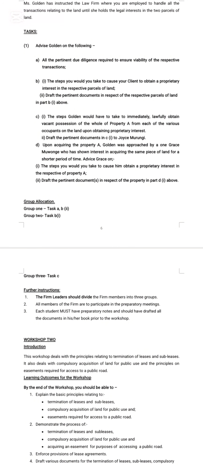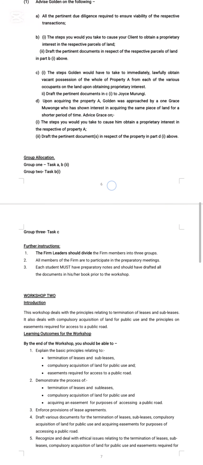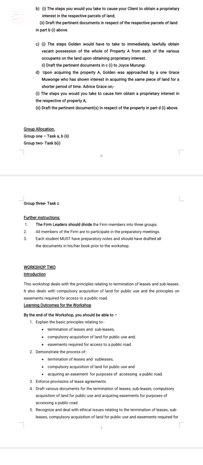You can either allow them to remain on the building or give them notices to vacate according to their agreements. Draft the pertinent document above, so notices to the tenants for change of ownership. Because when you're going to buy a property which has a building, you must make sure that you have given notices to the existing tenants.